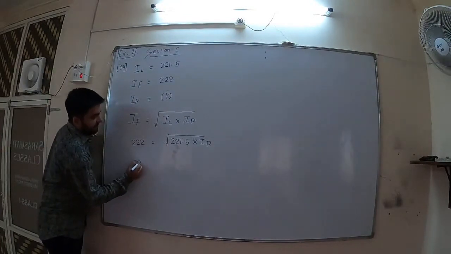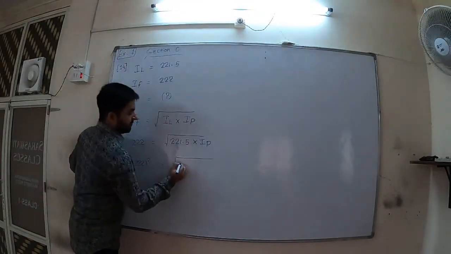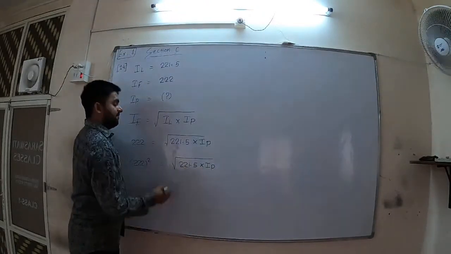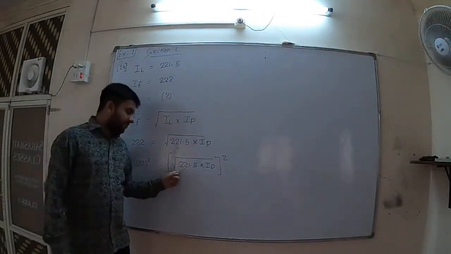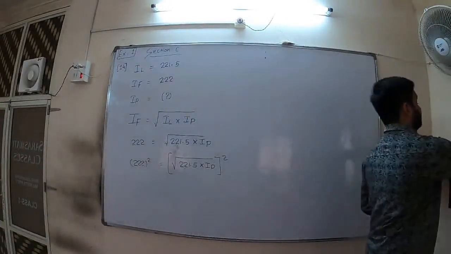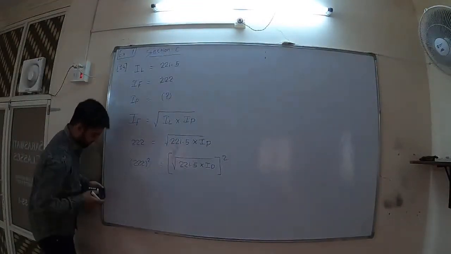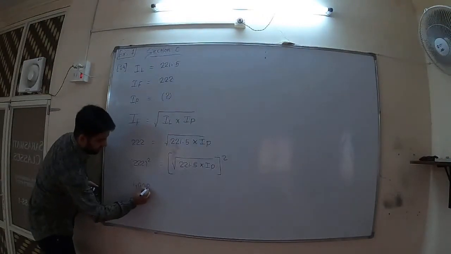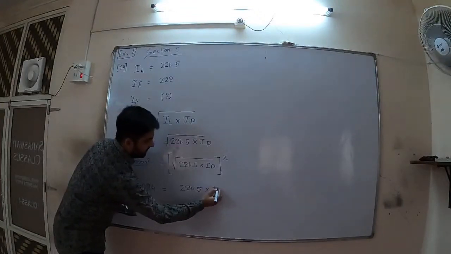So 222 whole square is equal to square root of 215 multiply IP whole square. Now friends, square root and square will remove each other, and the answer of this will be 222 square, 49,284, is equal to 215 into IP.